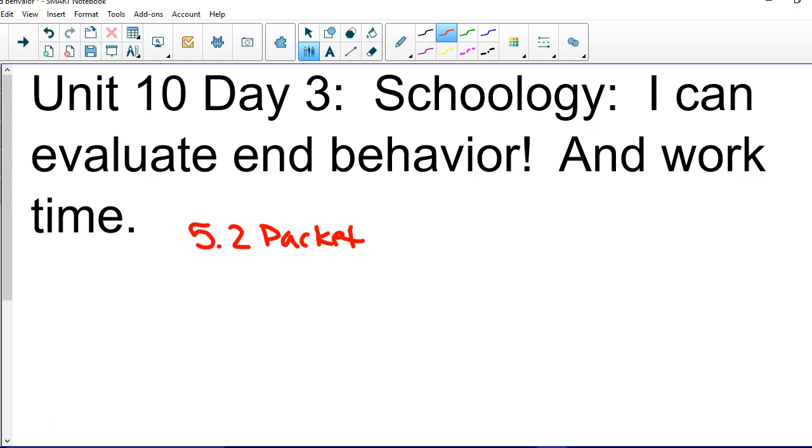Then you have your Schoology learning target quiz: I can evaluate end behavior. Those are the 2 things you need to get done for tomorrow. Remember, when there's a learning target quiz, do you have to do all of your work on the packets? I would start with maybe, what would be a good suggestion? Do the odds, maybe. Do your learning target quiz. If you don't get it right, then what should you do? Go back to the packet, practice more. Exactly.